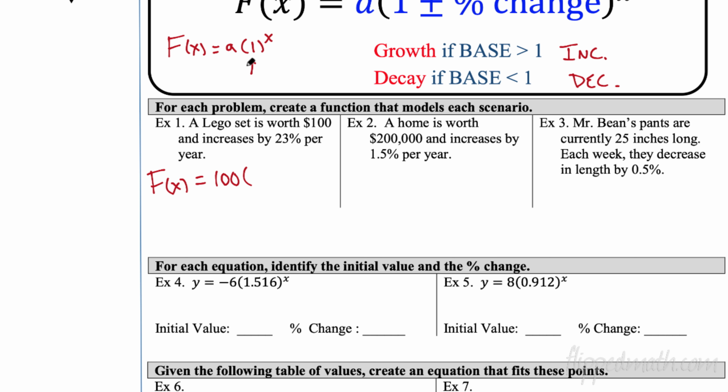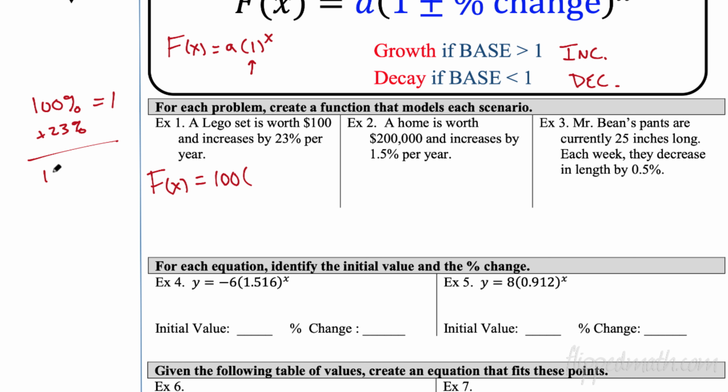If the function has a 1 there, there's no change, right? And a 1 is a percent. How do we write that as a percent? That's 100%, right? So one whole is 100%. If we are 23% above 100%, so 100% equals 1 whole, and we want to increase that by 23%, so we're going to add 23%.